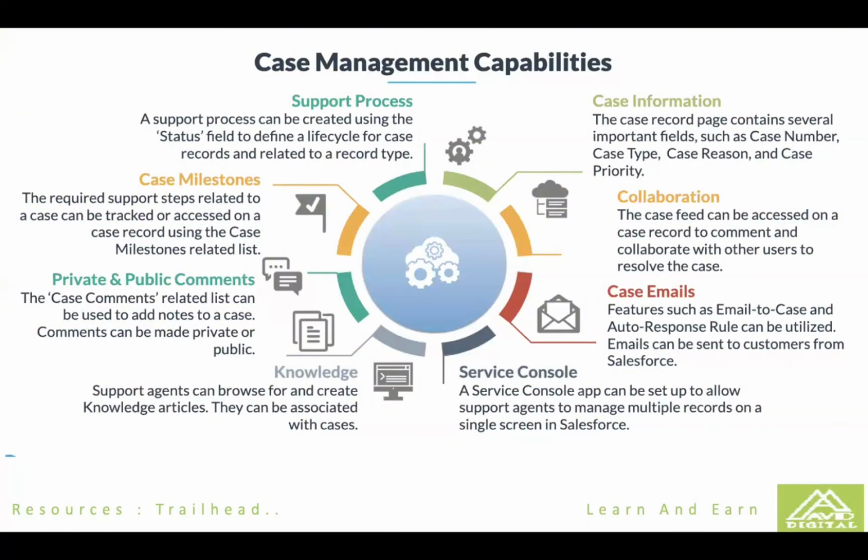You make sure that you designate each one based on the kind of status you want to assign to it. It's not everything. Maybe some might need to have case escalation, or if that case is new, you need to designate it, so that the record type is going to make the case process, support process, simple for you.